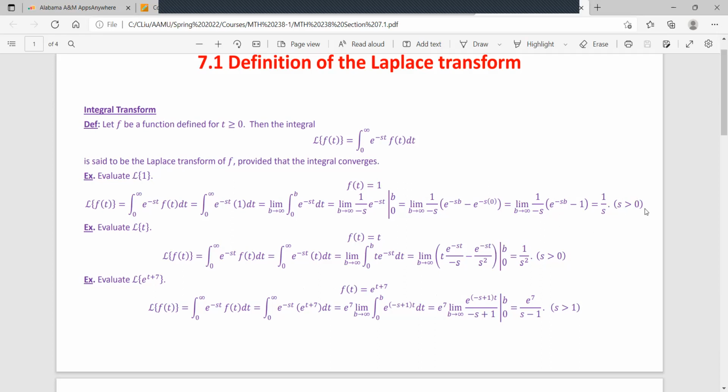In other words, the Laplace transform exists only under some conditions on s. It only works for those s greater than 0, greater than 1, whatever.